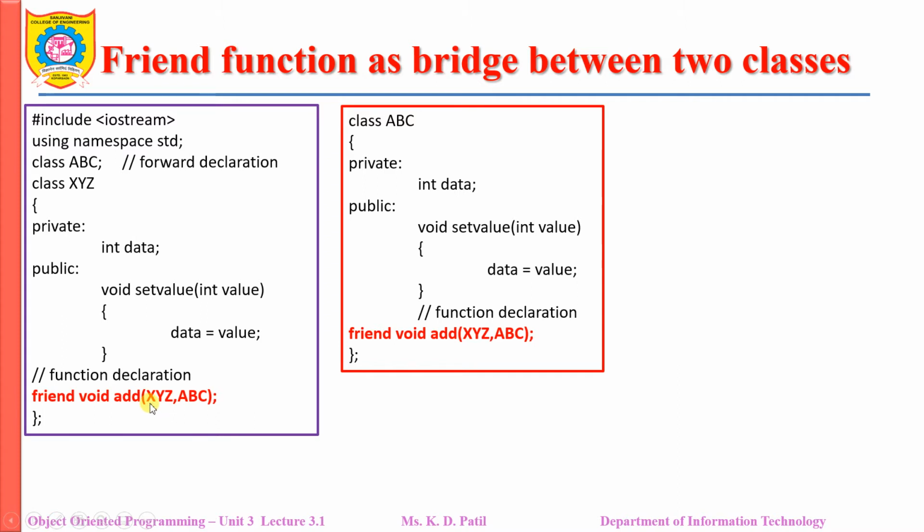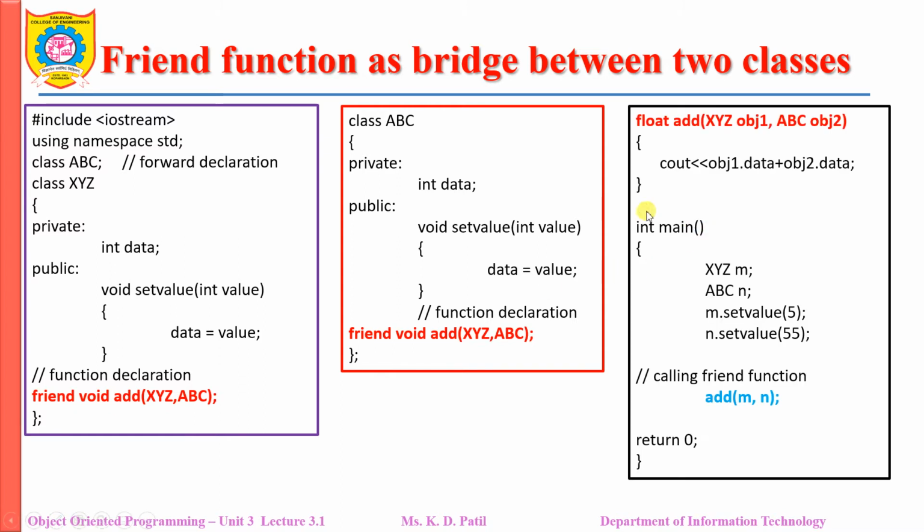This void add function is common to both classes, XYZ and ABC. Now this friend function will be used to perform the addition on data members of class XYZ and of class ABC. Now let's see how it will work.